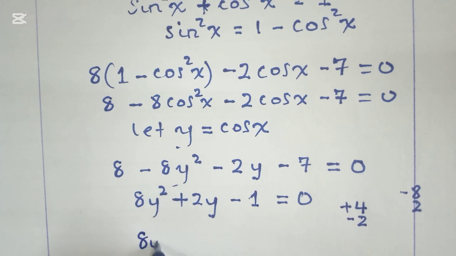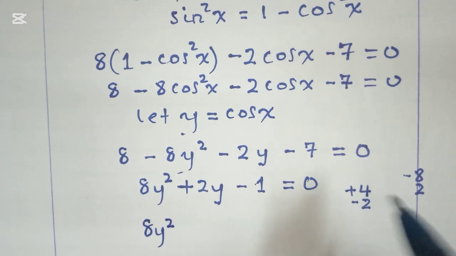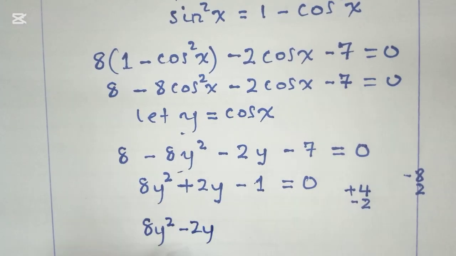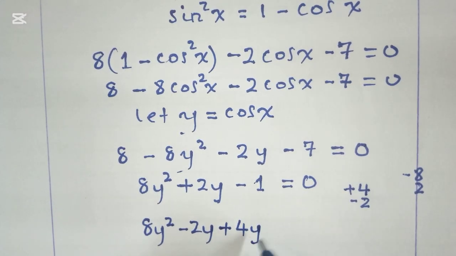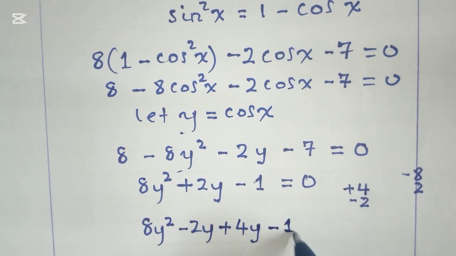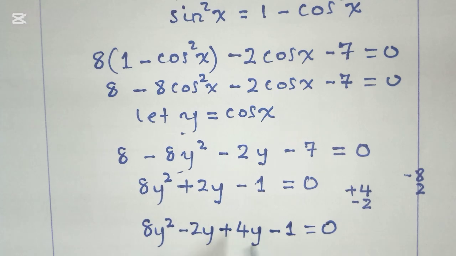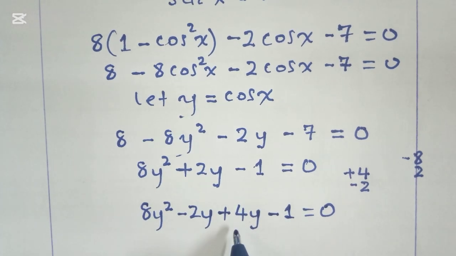So this is 8y squared, I can start with negative 2y plus 4y minus 1 equals 0. We can check again: negative 2y plus 4y is 2y, and negative 2y multiplied by 4y gives 8y squared.